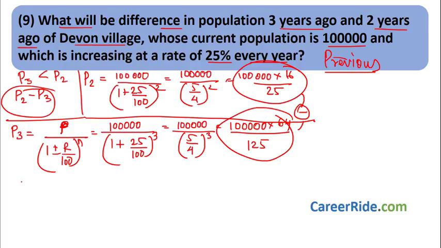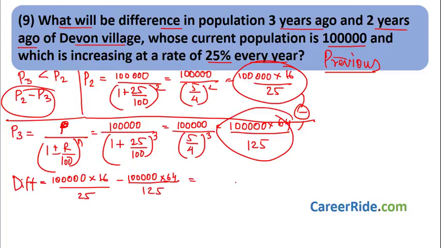The difference will be equal to 1 lakh into 16 upon 25 minus 1 lakh into 64 upon 125. Here the LCM would be 125. We multiply this by 5, minus this as it is, multiplied by 64.